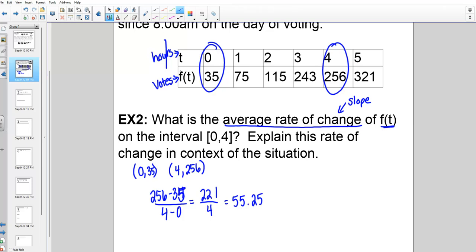What helps me with this is that this is your change in y over your change in x, so y is votes that goes on top, and x is your t, which is hours. So this is votes per hour.